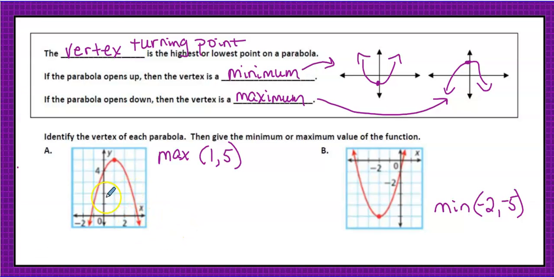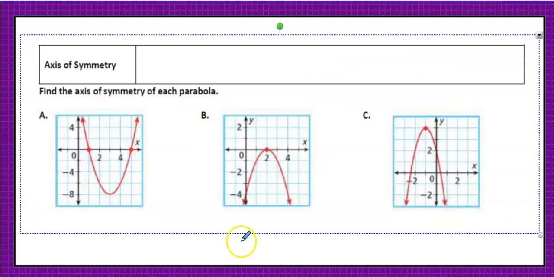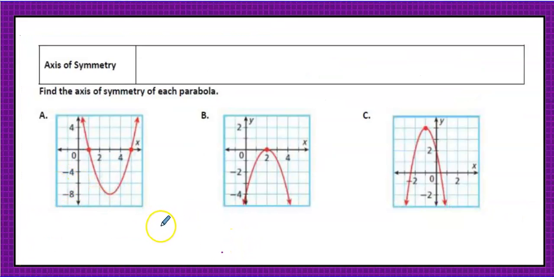It's where it turns. So it's going in one direction from left to right, and then it turns and goes the other way. That's what a turning point or a vertex is. The axis of symmetry. So the axis of symmetry on a parabola is always a vertical line. And I'm going to put it in more simple terms.